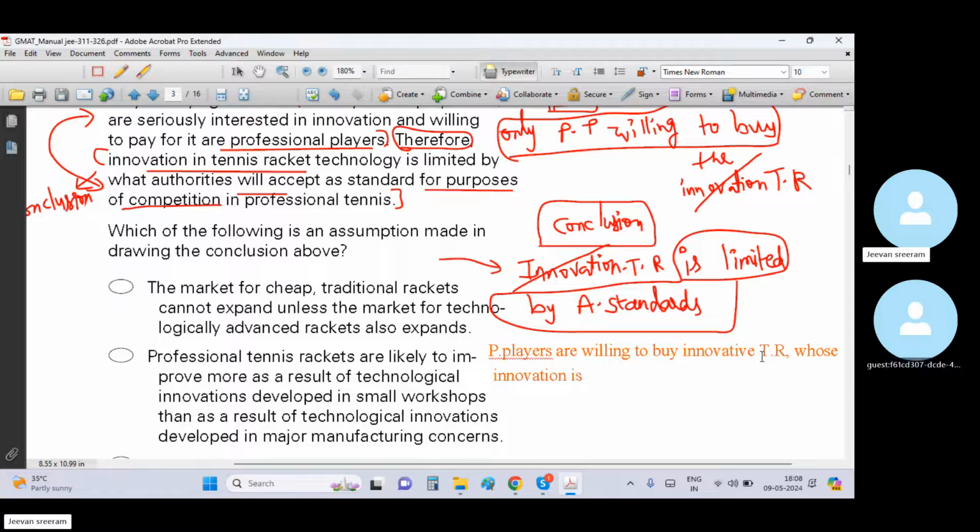Whose innovation is as per, below or not beyond, the authority's prescription or authority standards. Clear, buddy? Yes.